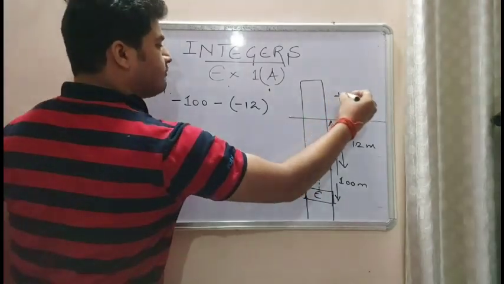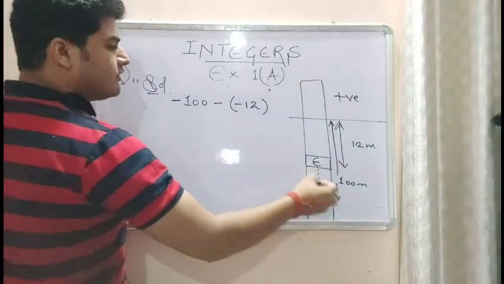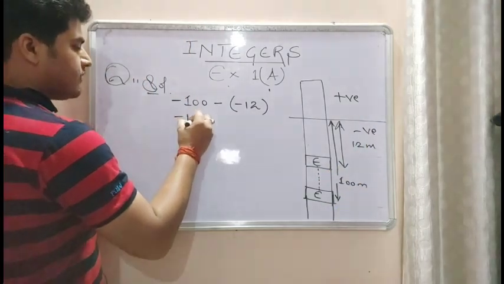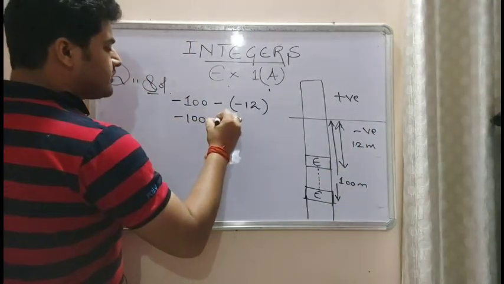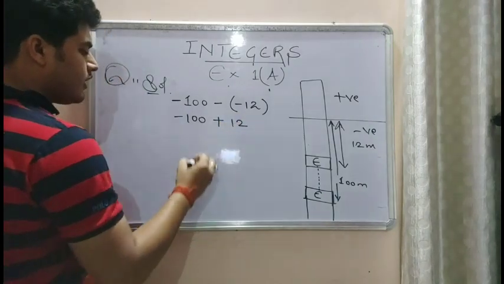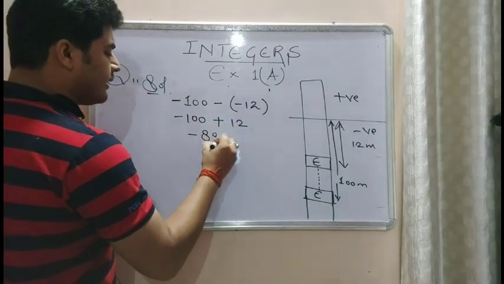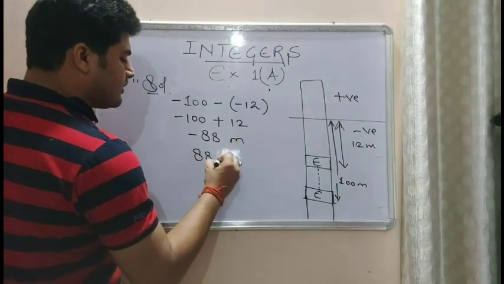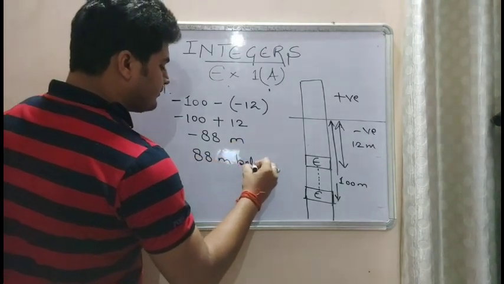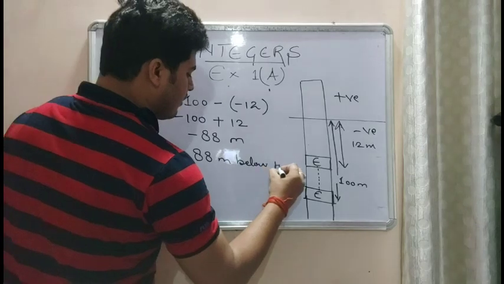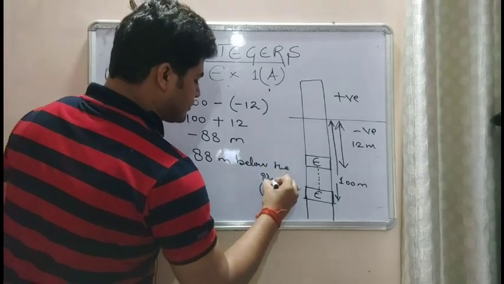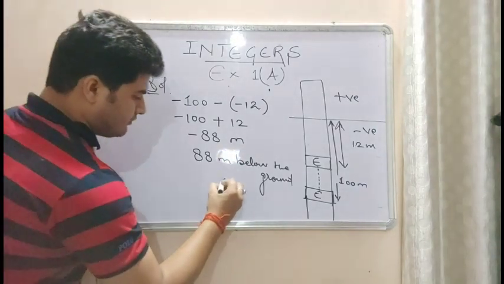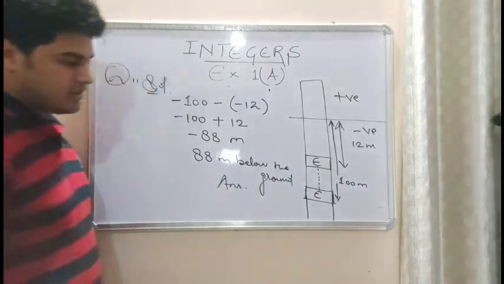Above the ground is taken positive, but it is not going above the ground. So below the ground the negative sign is taken. So minus 100 minus of minus 12, that is minus 100 plus 12. So it will give you minus 88. So minus 88 meters means 88 meters below the ground. So the elevation change is 88 meters below the ground. This is going to be the answer.